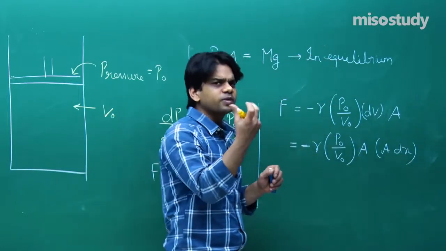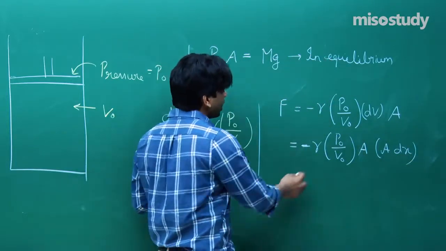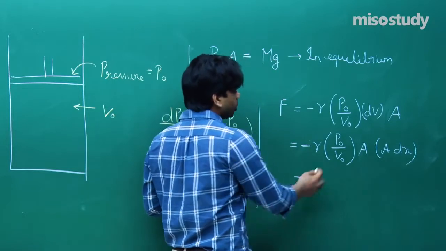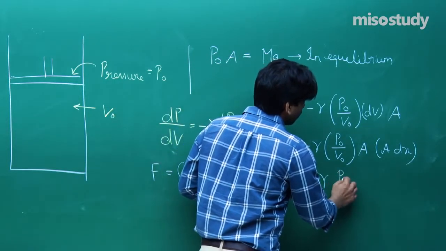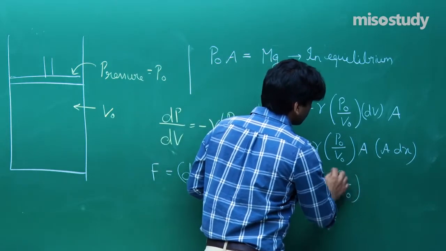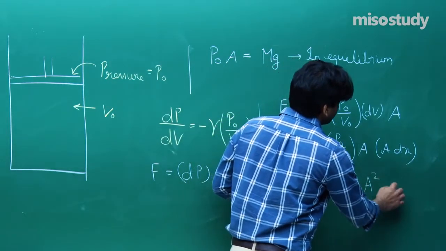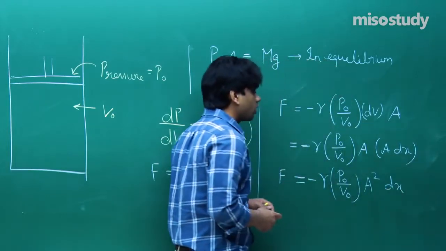The small displacement that you have given, we are taking as dx. So, let us open this, you will be getting F is equal to minus gamma P0 by V0 into A square dx. This is what we are obtaining.